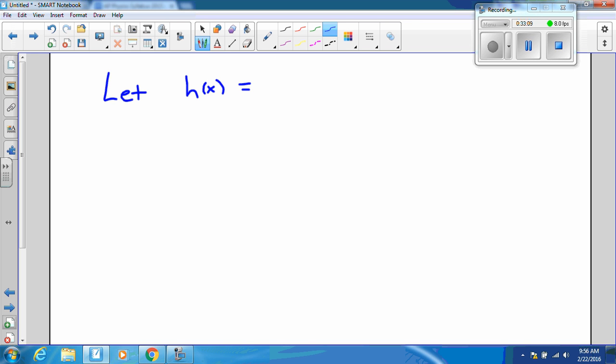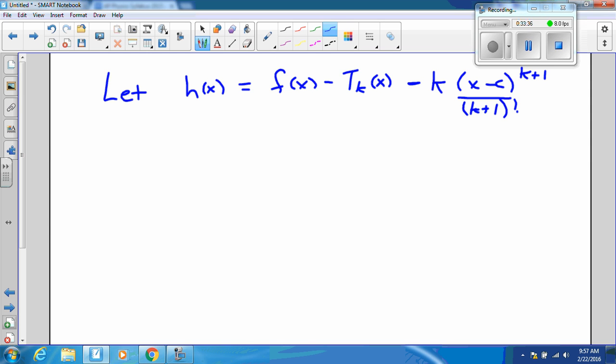The magic happens in our helper function. We're going to create a helper function that measures the distance between the real function and the polynomial, and we're now going to fudge that function a little bit by creating, in the document I use capital K, I'm going to use M here because otherwise we get K's mixed up.